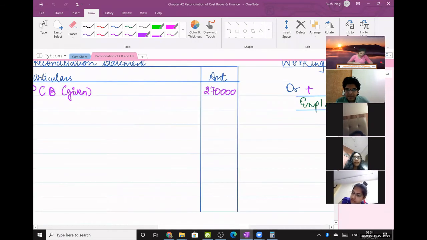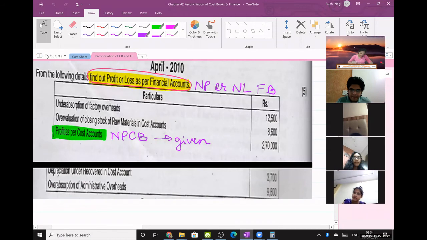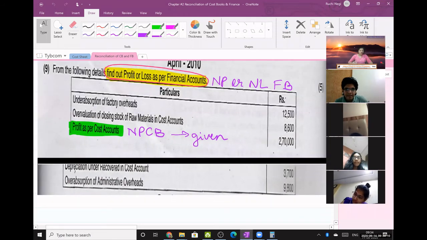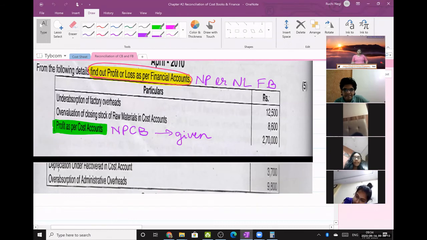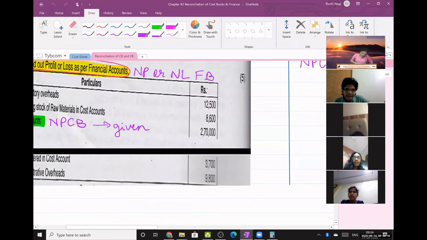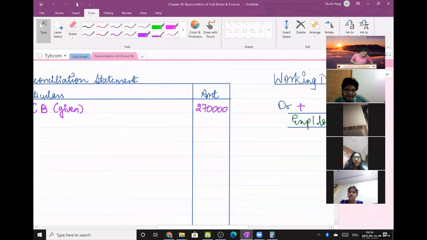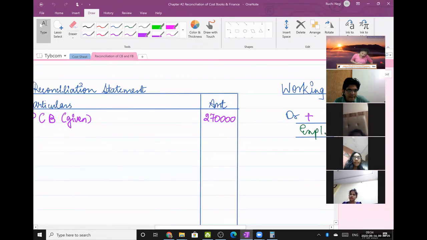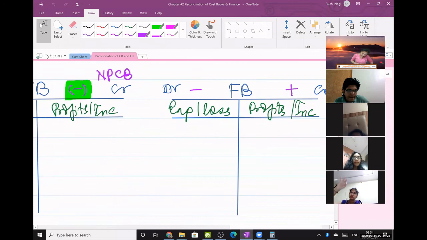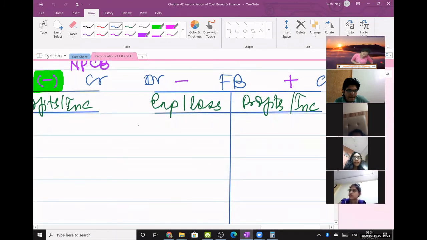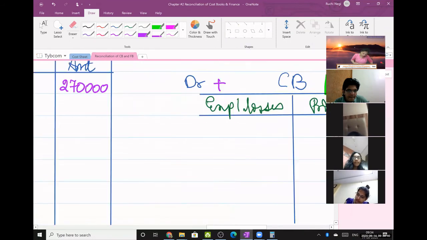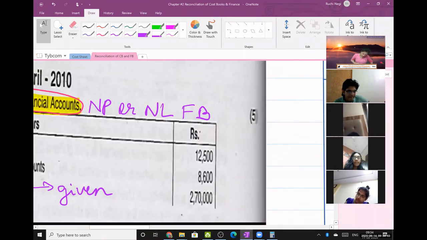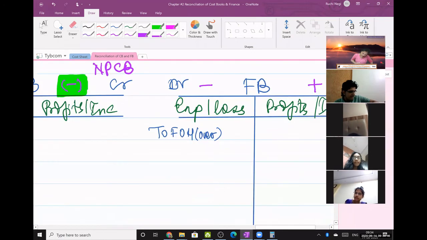Now see the first thing, under absorption of factory overheads. If nothing is mentioned, it is under absorbed in cost books, so that means it is under recovery. The opposite is over recovery, so it is over recovered in finance books. Factory overheads, amount is 12,500, right here in finance books.